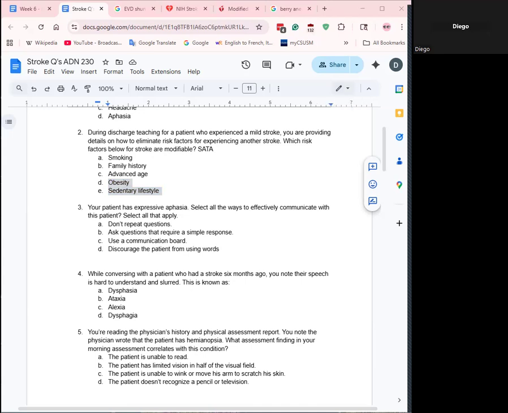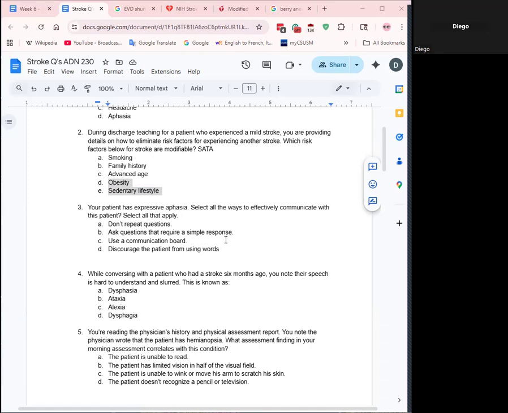I think it's just called interpretive aphasia. The other one would be having a hard time understanding. So here they're having a hard time expressing themselves. So you want to ask questions where you can get maybe a yes or no, because they're having a hard time actually getting the answers out.